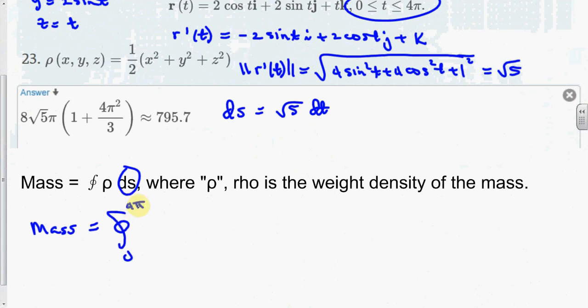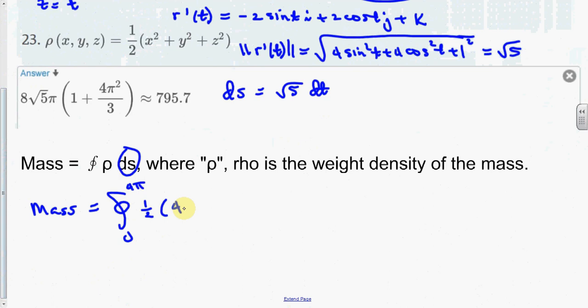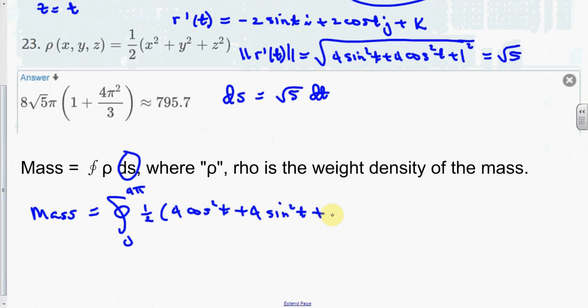This density is 1/2 times x squared, and since x is 2 cosine t, that's 4 cosine squared t, then plus y squared, that's 4 sine squared t, and then plus z squared, and z is given to be t, so that's just t squared, times ds, that's the square root of 5 times dt.